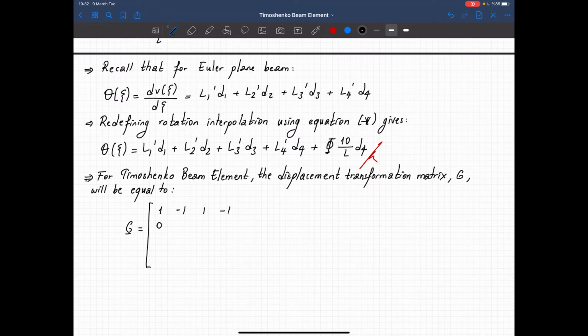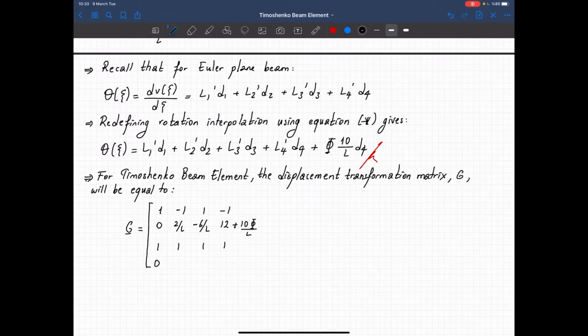So this part I have 0, 2 over L minus 6 over L. This part is different. We have 12 plus 10 times shear slenderness over L. The third row doesn't change. It relates to, again, the transverse displacements.